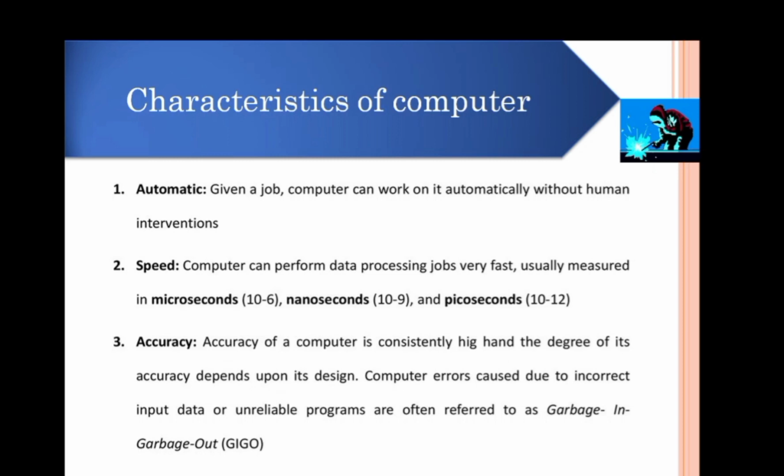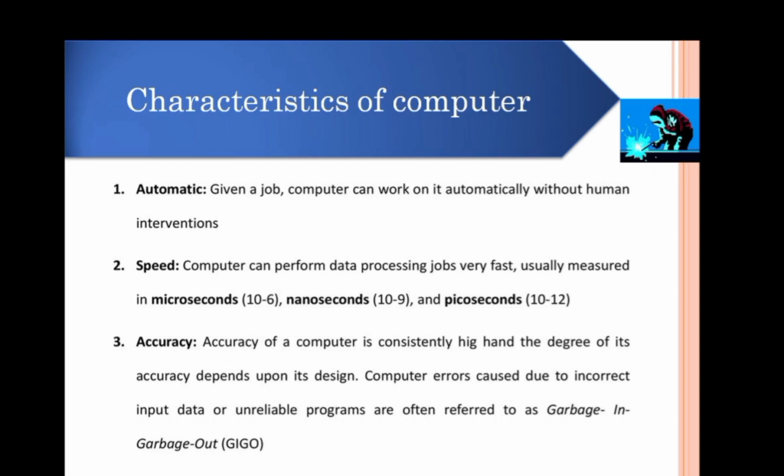Okay. The next characteristic of a computer system is its accuracy. The accuracy of a computer is consistently high, and the degree of its accuracy depends upon its design. Computer errors caused by incorrect input data or unreliable programs are often referred to as garbage in, garbage out.